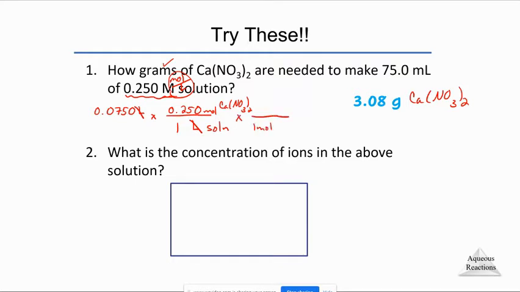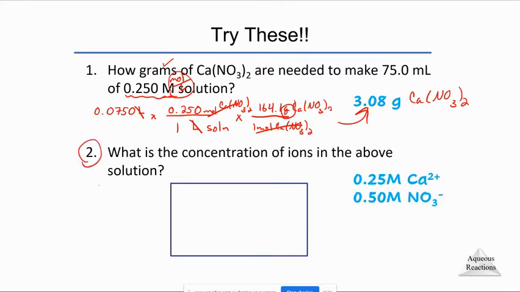I know that 1 mole of calcium nitrate has a mass of approximately 164.1 grams of Ca(NO3)2. And that way my moles has canceled out, and I'm left with the unit that I want. I just wanted to show you a different way of solving this, rather than just plugging it into a formula, but to see how those units can lead you to the correct unit that you're looking for. This last problem, here's what we come up with.